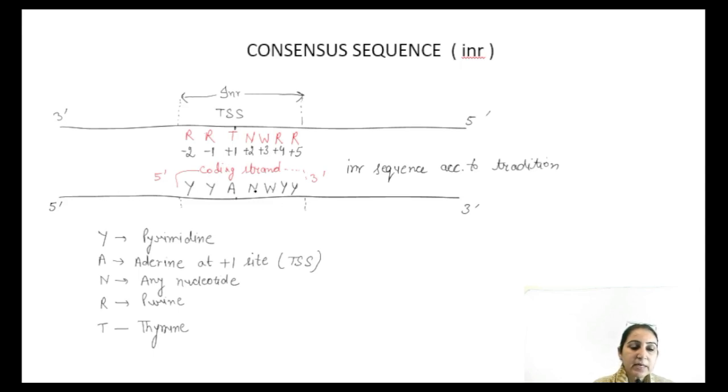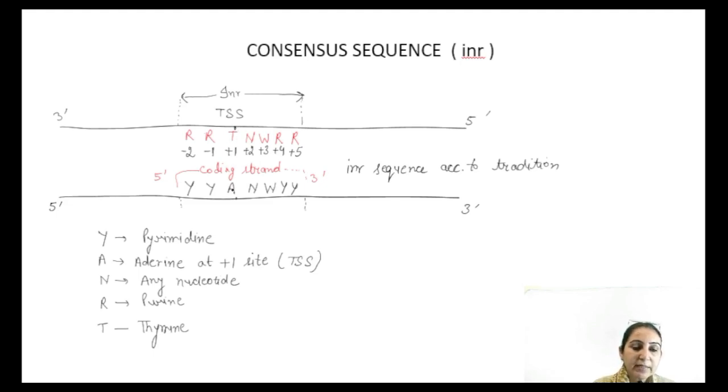This is our INR sequence from 5' to 3' direction. It is YYANWYY. Y is pyrimidine. This is also pyrimidine, Y. A is the adenine present at the +1 position. This position corresponds to this +1 position.